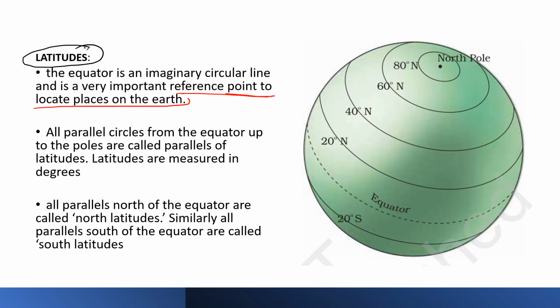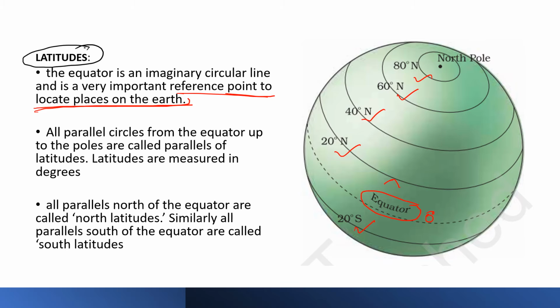We have to take a reference point, so this reference point is taken as the equator, 0 degree, and above it there are latitudes in the northern hemisphere. So we will write north, and below it we will write south. S is the symbol used for south, and N is used for the northern hemisphere, and S for the southern hemisphere.